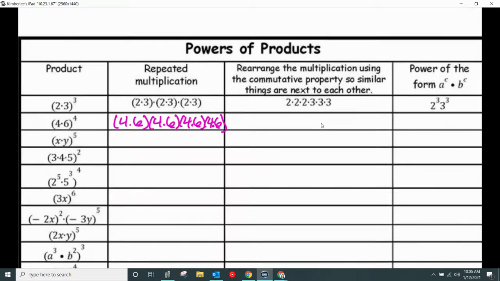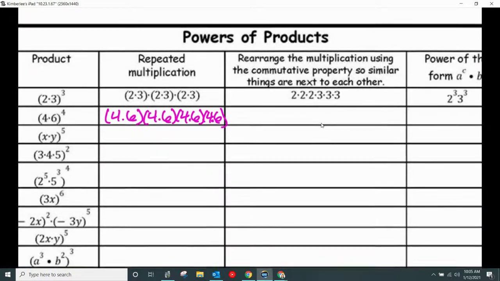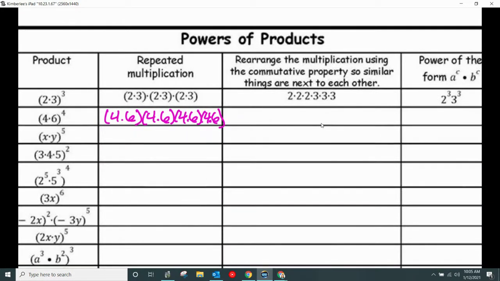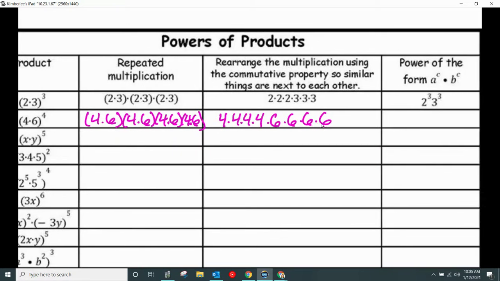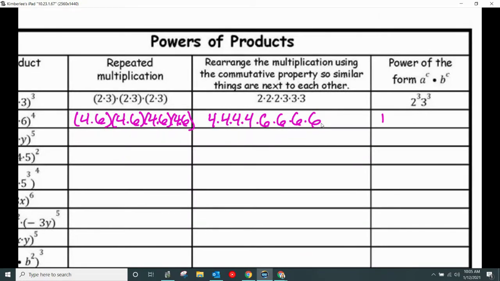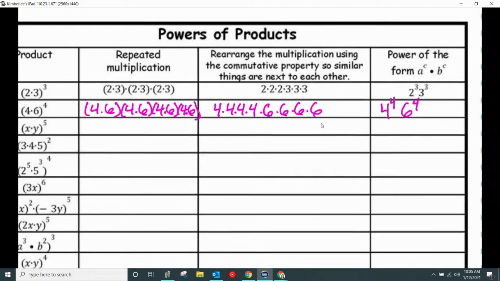So I had 4 4s multiplied times 4 6s. Well, this is the same thing we just had a minute ago, but now I have 4s and 6s. I had 4 to the power of 4, and this ends up being 6 to the power of 4. So now you see we just have 2 pieces. We're doing the same thing. We're expanding it out, and we're taking all the bases that are the same, and we're putting them to the power that applies to them. So hopefully we're seeing a pattern again.